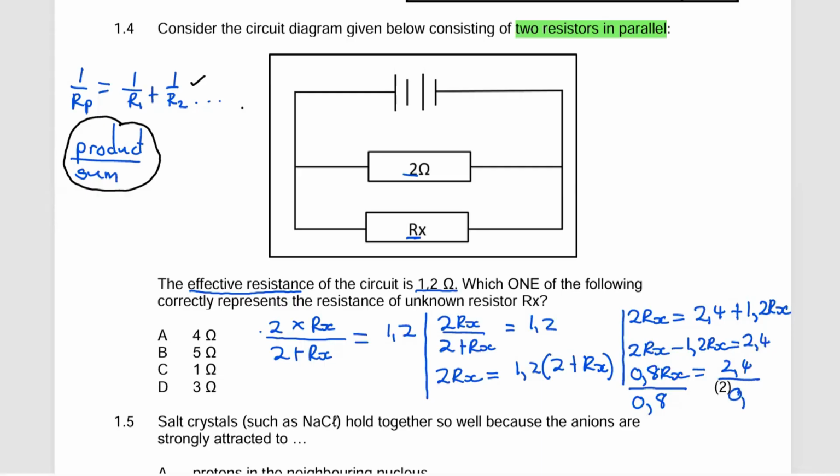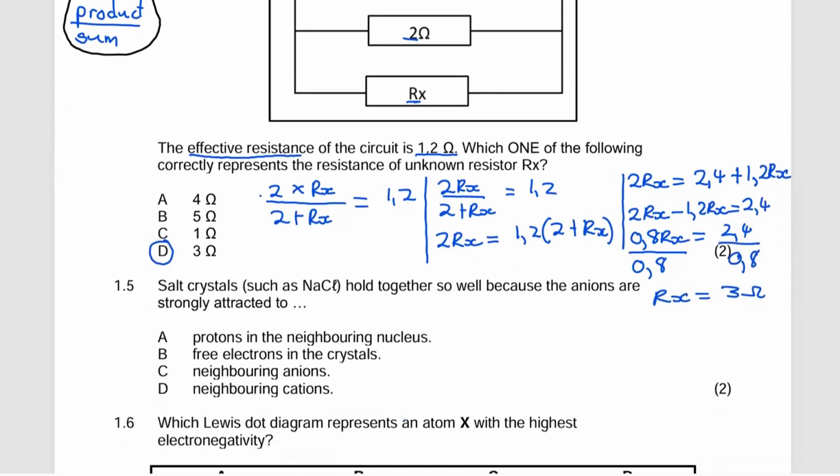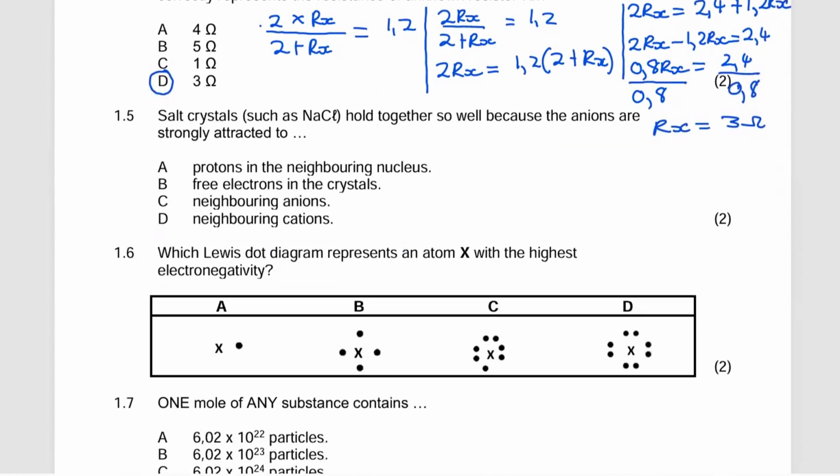So if we do our math, the left side cancels, then we are going to get a total value of 3 ohms. So our Rx is going to be 3 ohms. So if we look at our answers, it means our correct option is option D, which is 3 ohms. Then we proceed to the next question, which is more of chemistry.